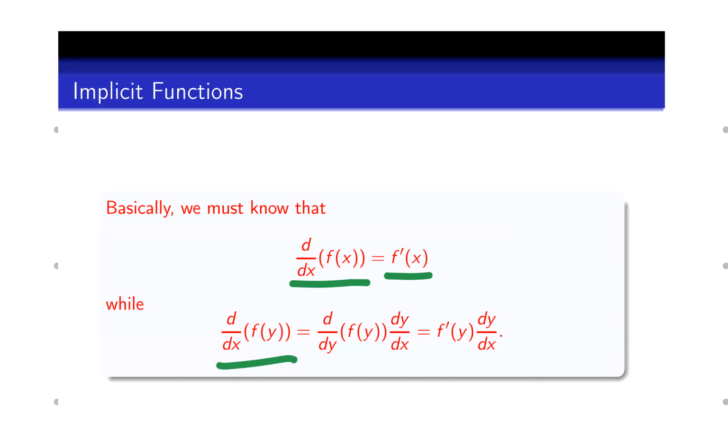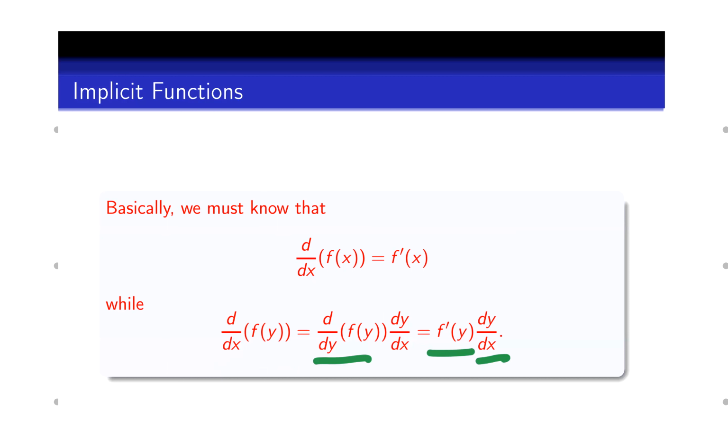So you have to break it down: you have d dy of f of y multiplied by dy dx, so that dy can cancel out. So it's still your d dx that you have, but d dy is appropriate to take care of f of y. At the end of the day, d dy of f of y is f prime of y multiplied by dy dx. So dy dx is what balances out the situation.